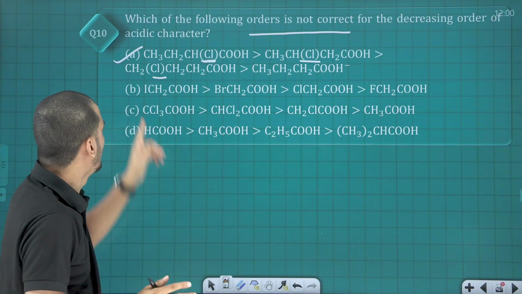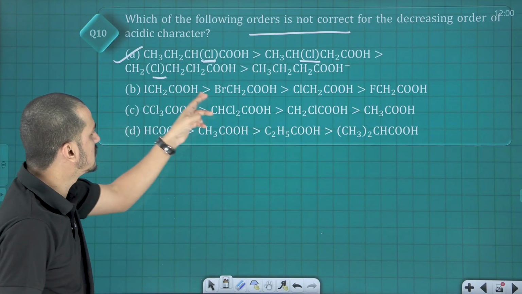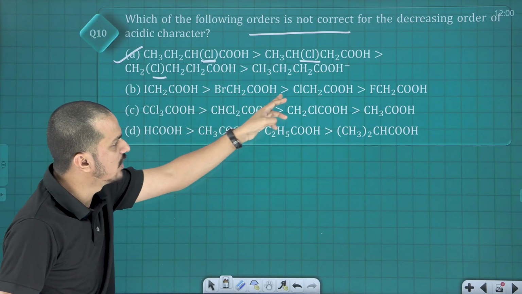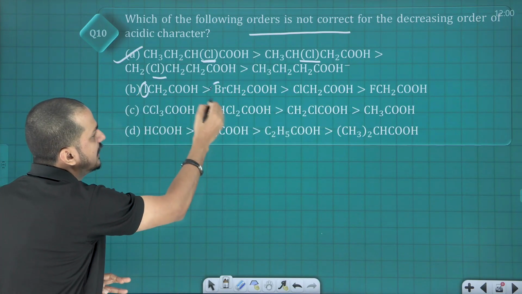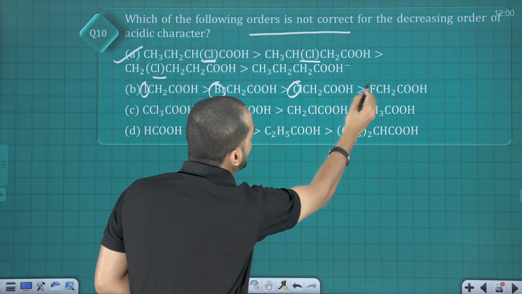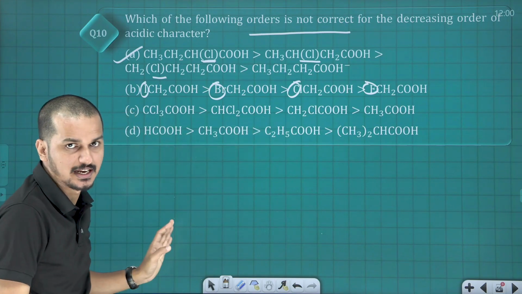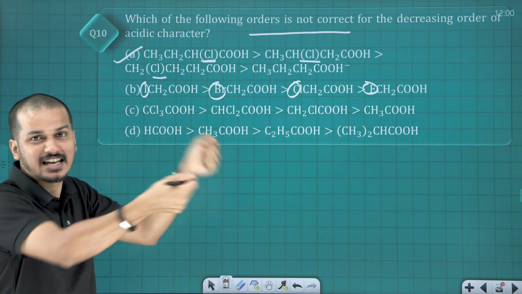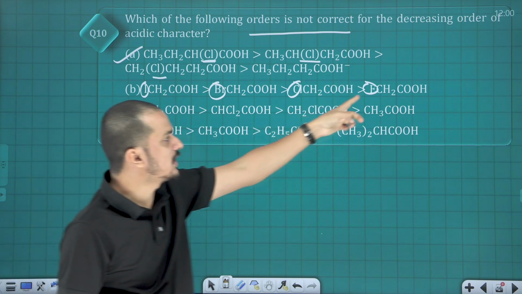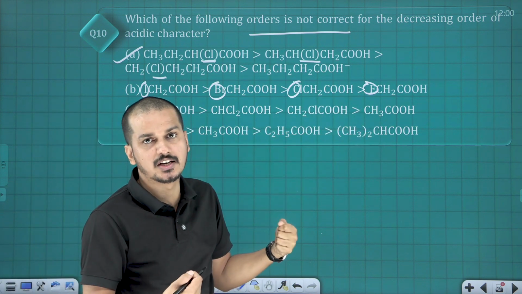That order is correct. What about the second one? ICH2COOH, BrCH2COOH, ClCH2COOH. Here they gave I, Br, Cl as well as F. All are in the same position. Same position, no doubt. But I has less tendency of withdrawing. Which has more tendency of withdrawing? Fluorine has more tendency of withdrawing.